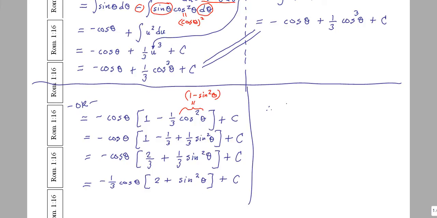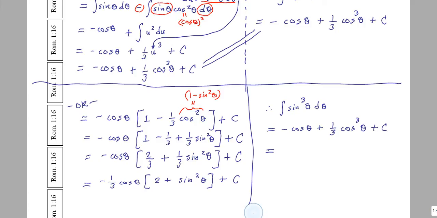Therefore, the integral of sine cubed theta d theta is equal to minus cos of theta plus a third of cos cubed theta plus a constant of integration.